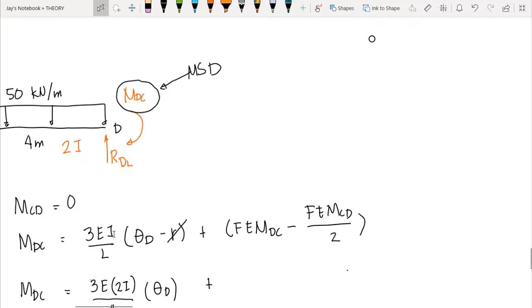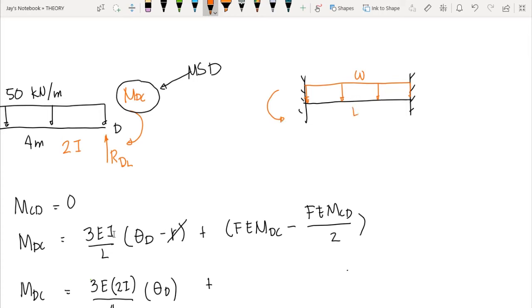In the first part of this discussion, I presented the formula for fixed end moment: if we have a uniformly distributed load all throughout a beam with two fixed supports, and this load has a magnitude of W, the fixed end moment at the left support is WL squared over 12.